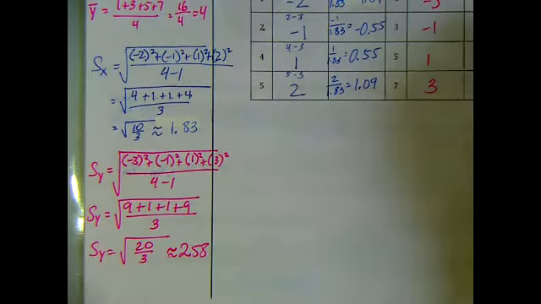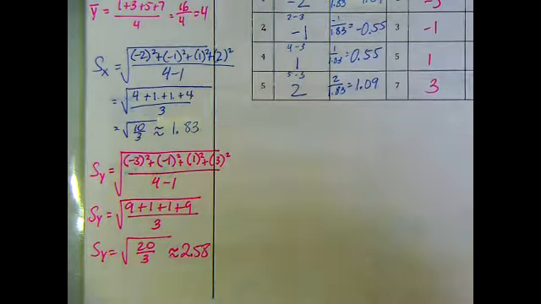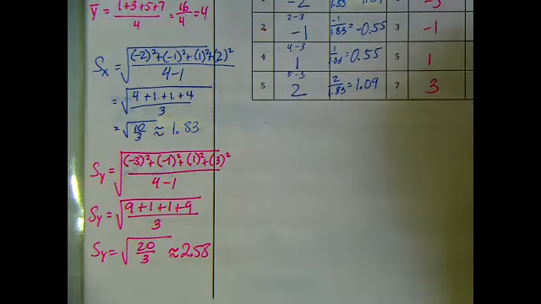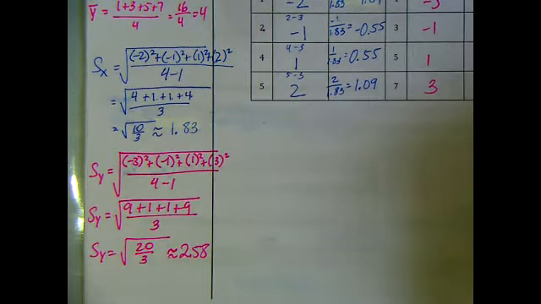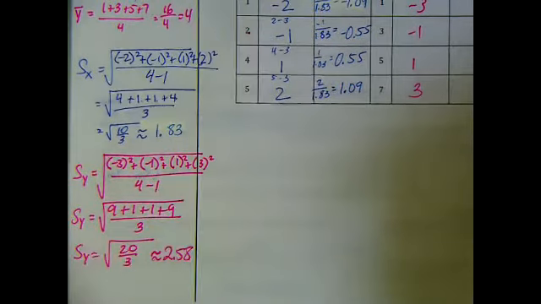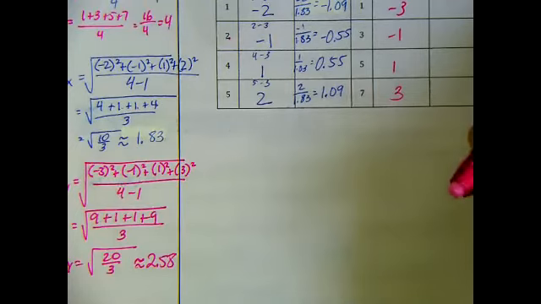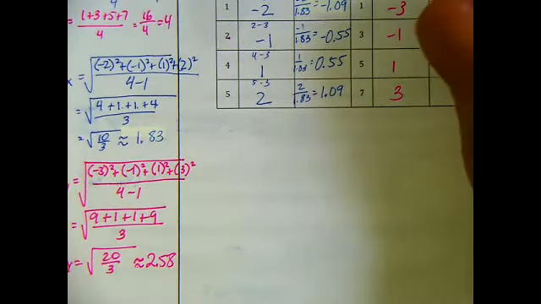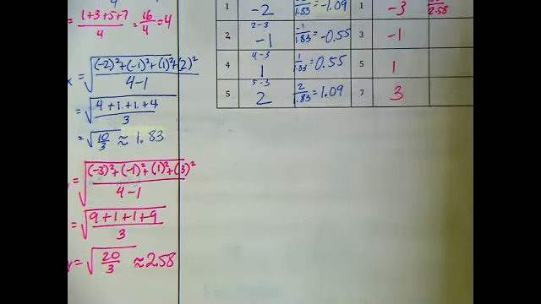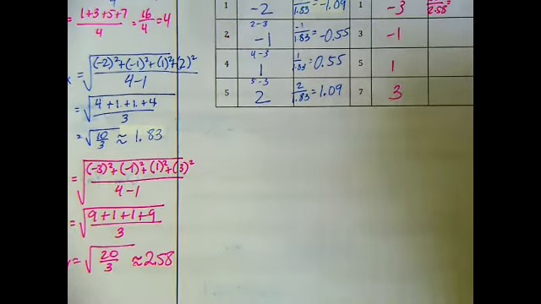Which means that each of my y's now for the next column over will be divided by 2.58, and that'll be my next column there. Okay. If I can move it over just a tad here, we can work through that. So this is going to be -3 divided by 2.58, and so on, right?